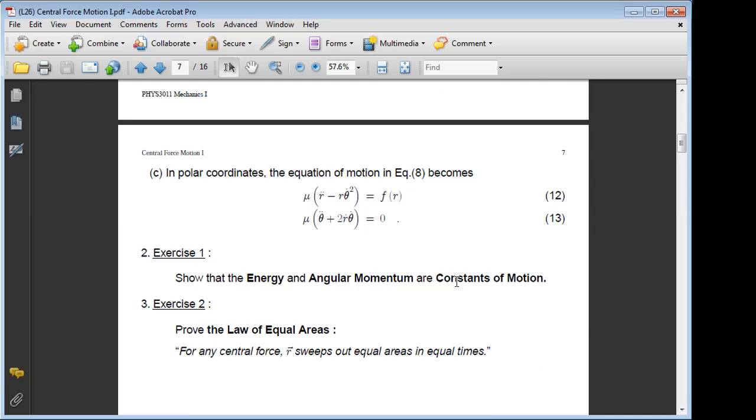Since it is a central force, the Hamiltonian of the reduced mass particle will not be changed under rotation about the z-axis or any axis. By Noether's theorem, the angular momentum must be conserved. Am I correct?